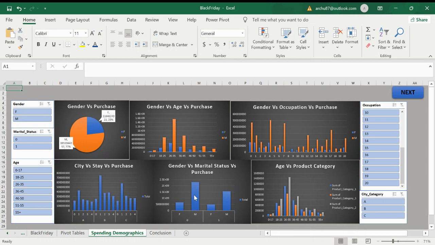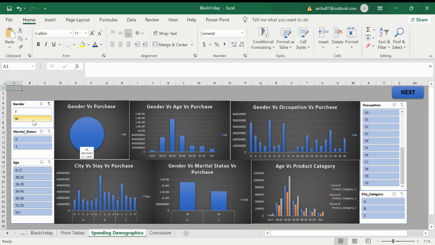We can see the trend of how much a particular gender is purchasing, or for a particular age, how much the purchase is happening. Let's have a look at that. If I select the male category, this is the overall visualization for the male category.